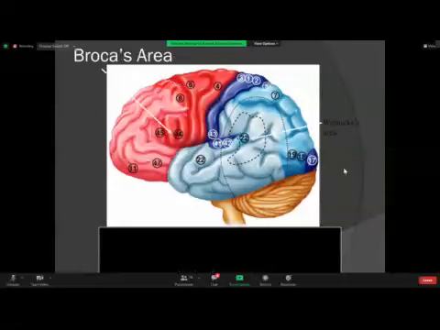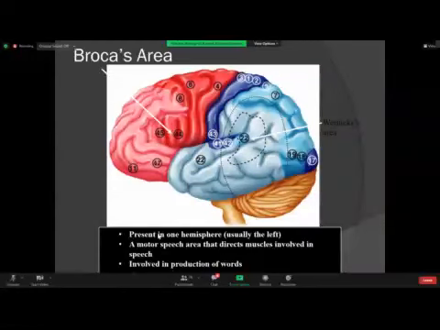Now, after this, we go on to the Broca's area. The Broca's area is present usually on one side of the brain, okay? And it is involved in speech. It is the motor aspect of the speech.